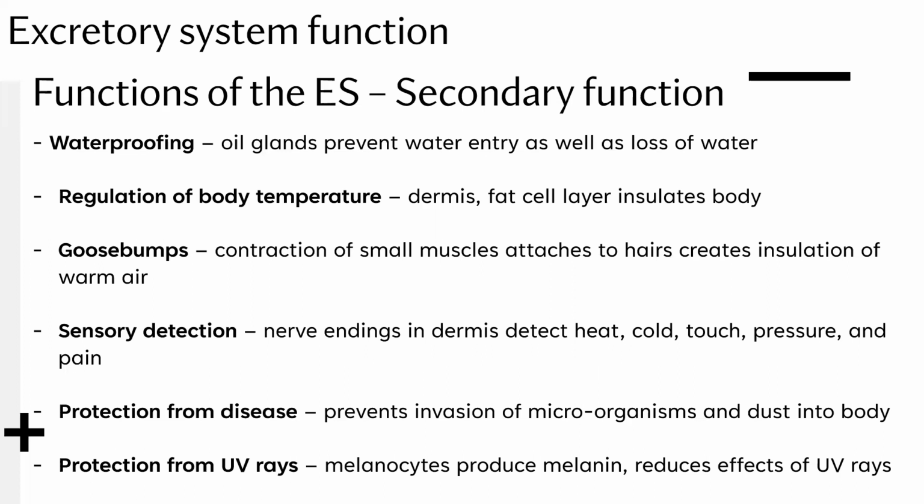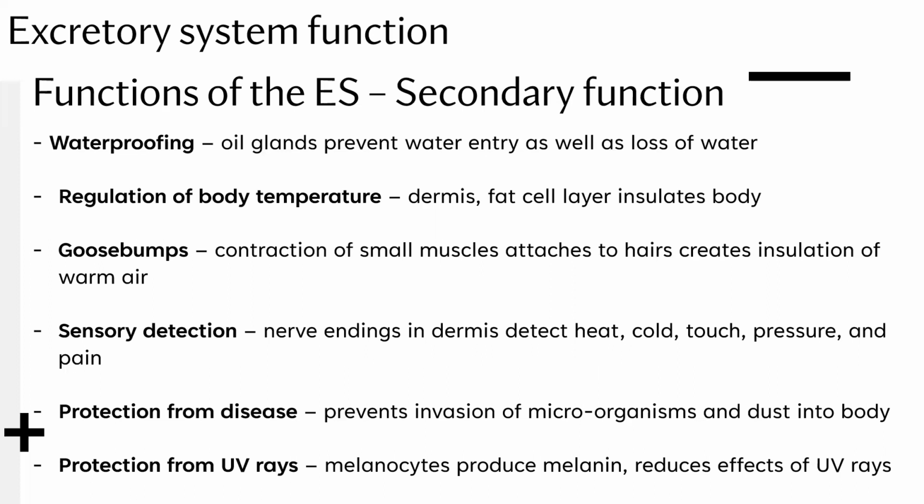And then we've got protection from UV rays, which could be very harmful to cells inside our body. You've got those melanocytes that produce melanin, which actually absorbs and therefore reduces the influences of UV rays.